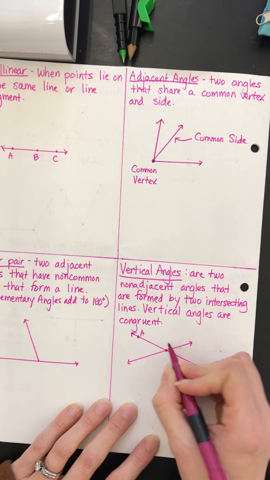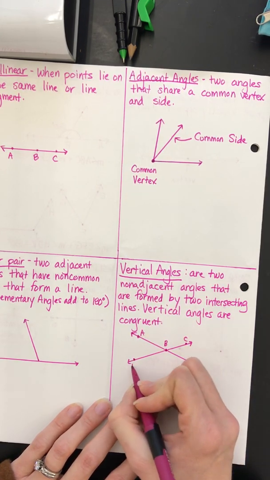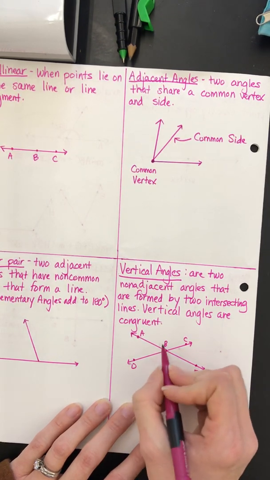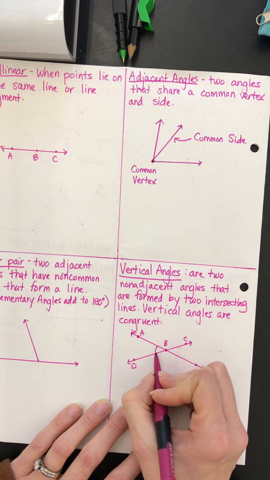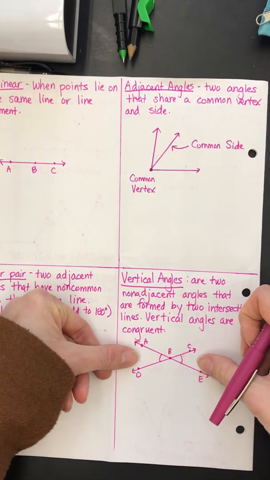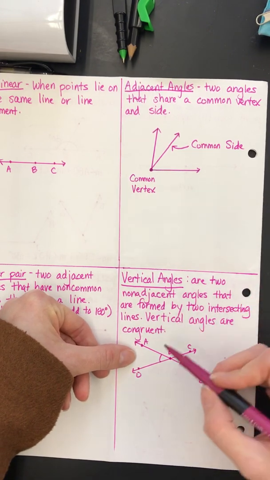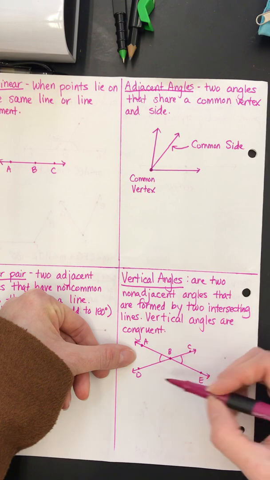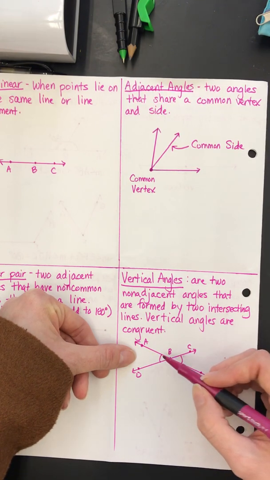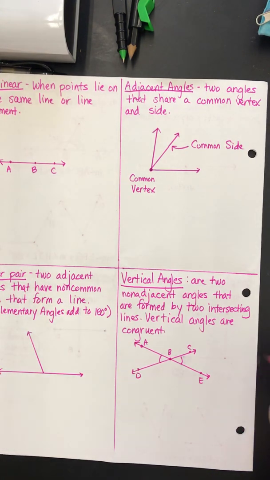So A, B, C, D, and E. Vertical angles would be like this angle right here and this angle right here. They're opposite of each other, they're formed by intersecting lines, and they are congruent. Oftentimes, when we're drawing in a picture like this, we use the arc on the inside of the angle to show that this one and this one are congruent. They have the same measure.